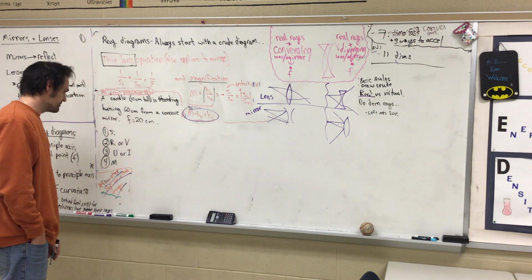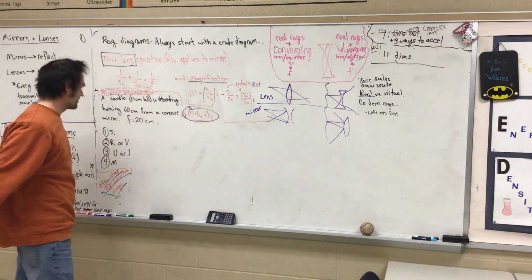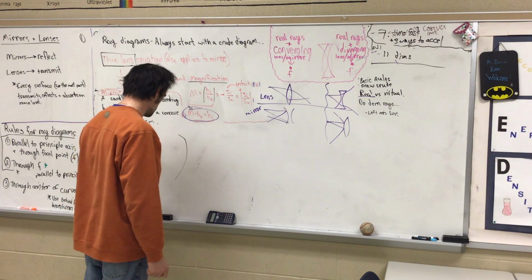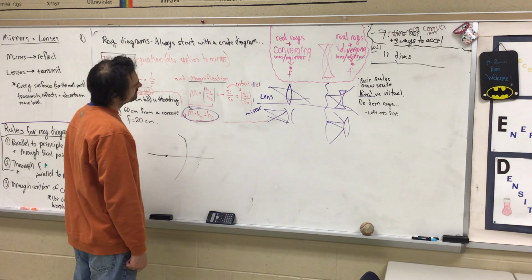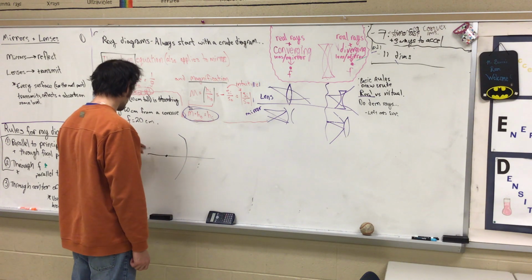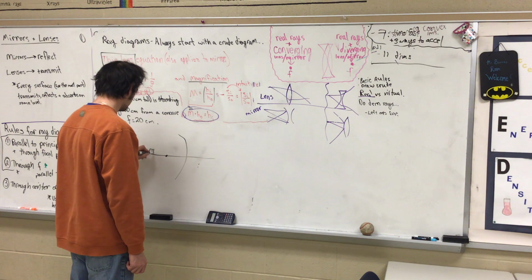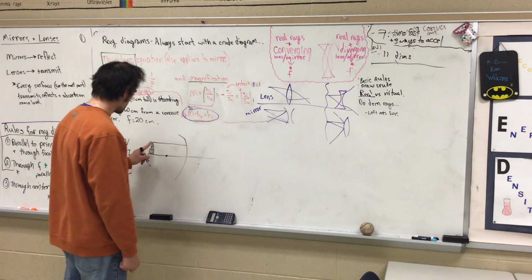Magnification. All right. As always, start with a crude diagram. We have a concave mirror, focal point here, and the candle is further away than the focal point. So from the top of the candle, I'm going to draw my 3 rays.